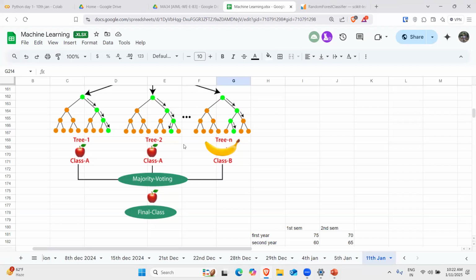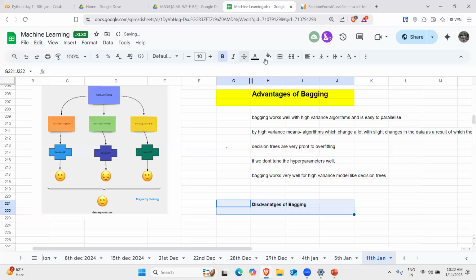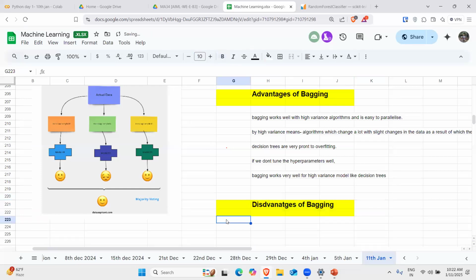But the disadvantages of this particular approach, the disadvantages of bagging, are that you cannot really see individual trees one by one, right? Can you see an individual tree?